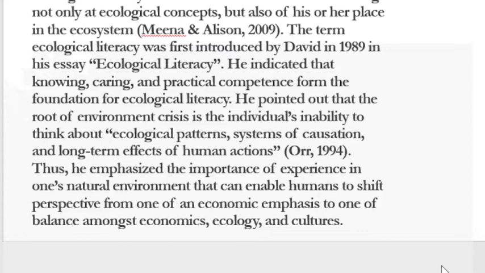Thus, he emphasized the importance of experience in one's natural environment that can enable humans to shift perspective from one of an economic emphasis to one of balance amongst economics, ecology, and cultures. Right? So please take note of your experiences and try to think also about the reasons, the effects, and how you felt in those experiences with regards to nature.